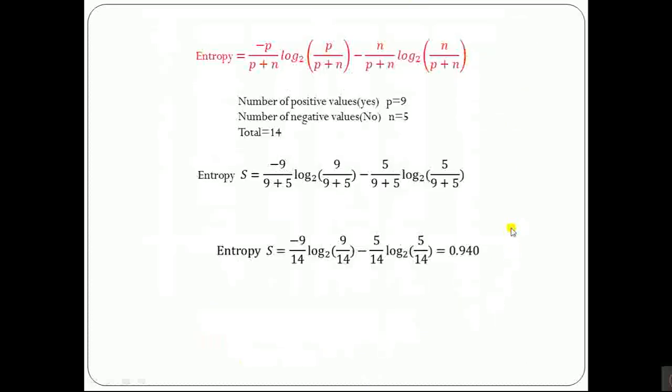Now I can calculate entropy using this formula: minus p divided by p plus n, log base 2, not 10, log base 2 of p divided by p plus n, minus n divided by p plus n, log base 2 of n divided by p plus n.